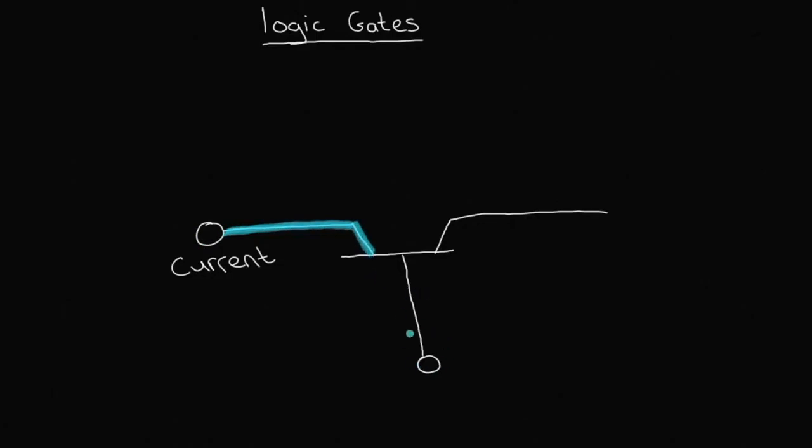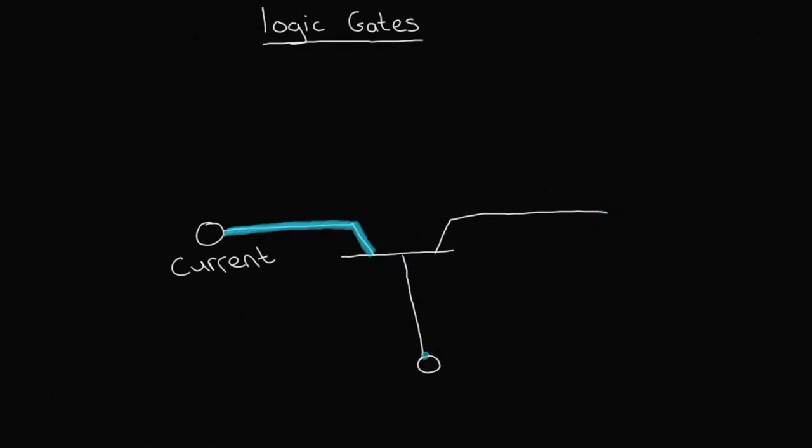Now we can see with our transistor here, our transistor will also have to be on for our circuit to complete. So if it's not on, then our current here will never be able to get to this next wire here. And we can imagine that there's an LED out here that's going to light up. So if our transistor is off, which it currently is, we would not be able to light up our LED over here on the right hand side.